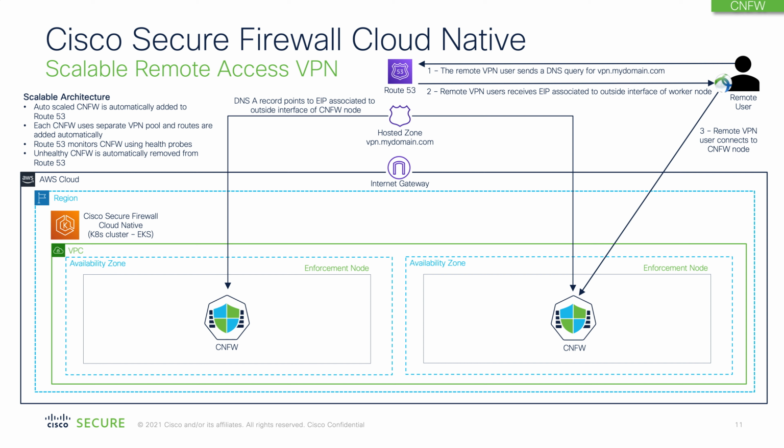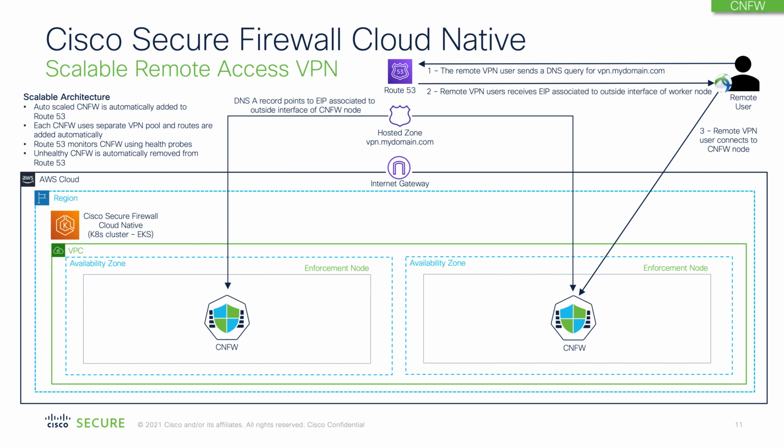We create a record for it. We assign a public IP address to that device. We enable monitoring on Route 53 for the new CNFW, and we also ensure that routes in the route tables are added accordingly. So you don't have to worry about all these items. The moment a new device is instantiated, all this complex configuration is done automatically by Cisco Secure Firewall Cloud Native automation and orchestration.